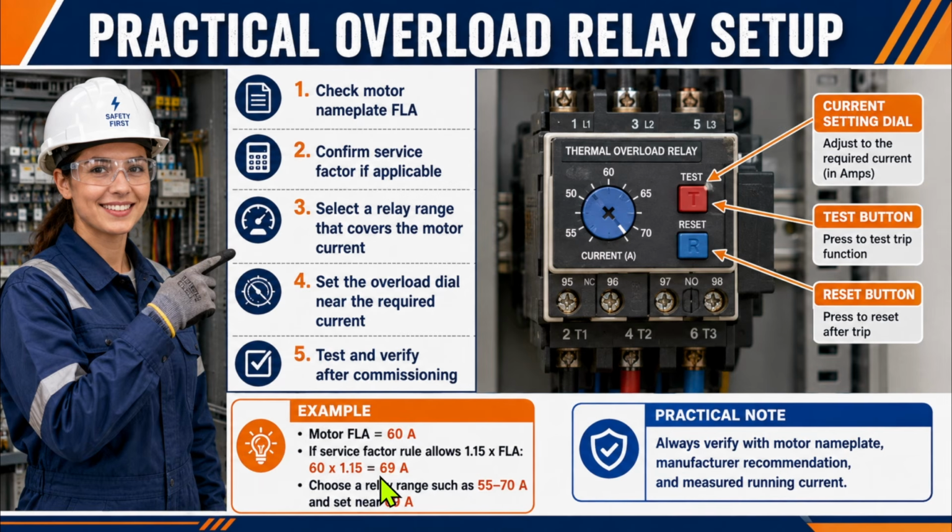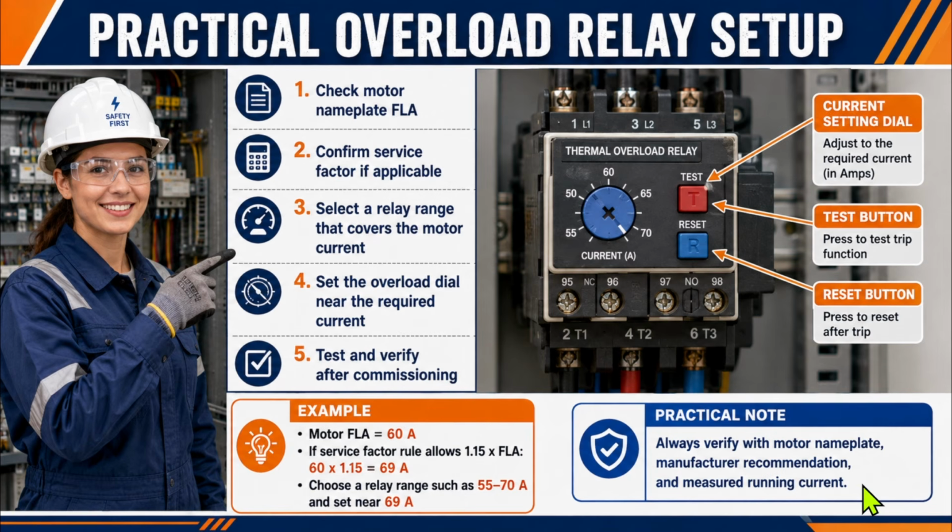Now this is where practical thinking becomes important. Don't stop at the calculation. The next question is, does my overload relay have an adjustment range that includes the required setting? If it does, then we can make the appropriate adjustment according to the applicable requirements and manufacturer's information.